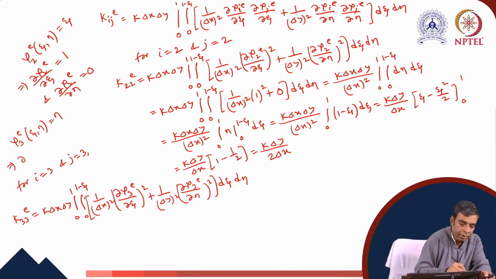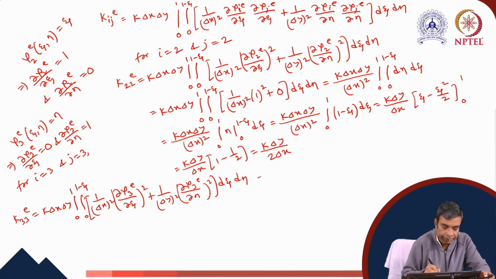This gives us ∂ψ3/∂ξ equals 0 and ∂ψ3/∂η equals 1.